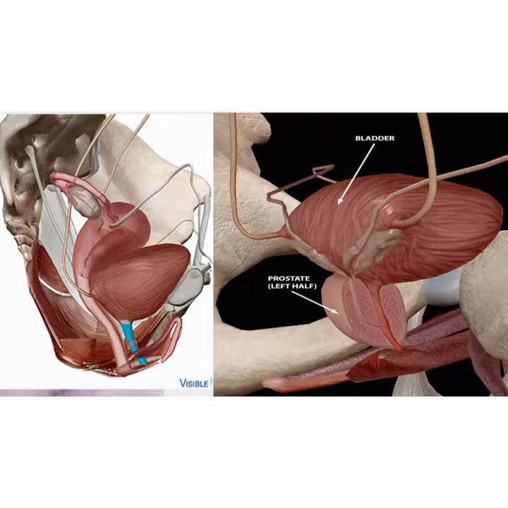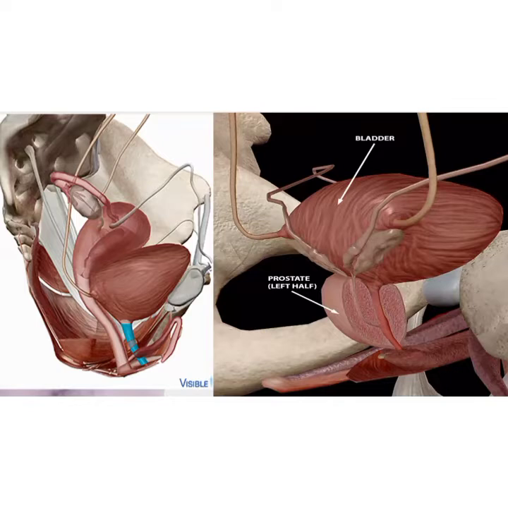These leaf-like structures are the seminal vesicles, and this is the ductus deferens. See, both the ducts, the duct of the seminal vesicle and the ductus deferens, unite and form the ejaculatory duct and open into the prostatic part of the urethra.